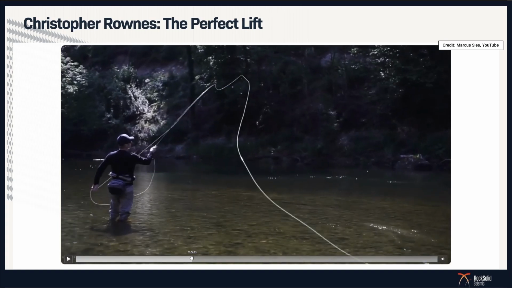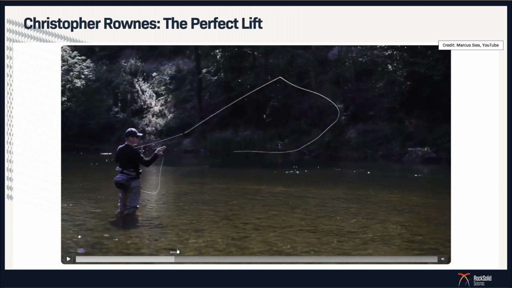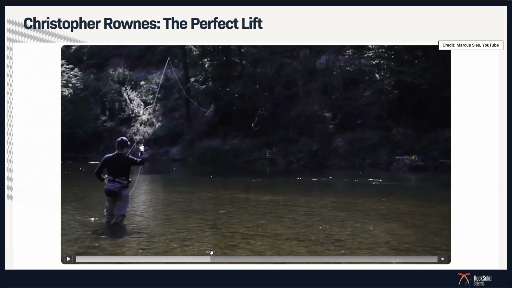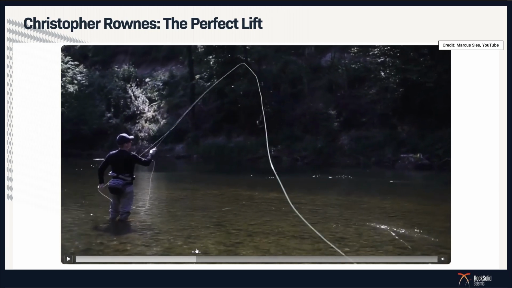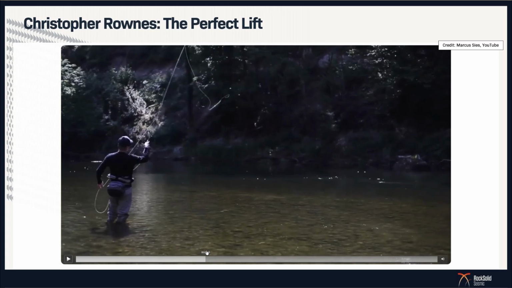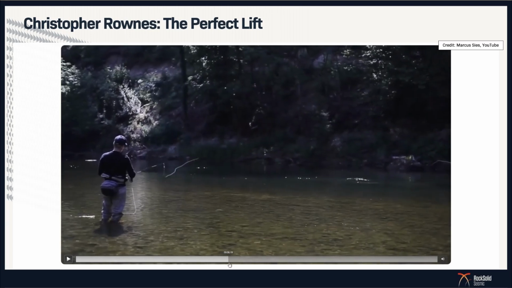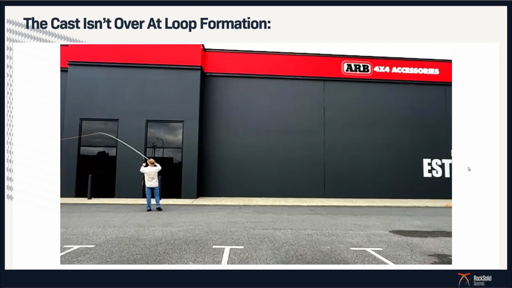Now, I've called this slide the perfect lift, and he's in search of the perfect loop, but he gets the perfect loop, in my opinion, by lifting that rod tip after loop formation. So the cast isn't over at loop formation. If you lift that rod tip, you can make that cast go much more powerfully, much more gracefully than if you had put in a lot of extra effort during that cast.